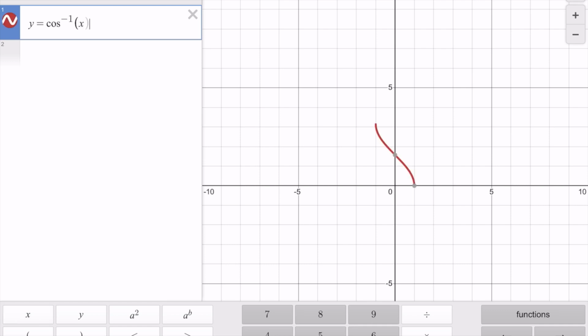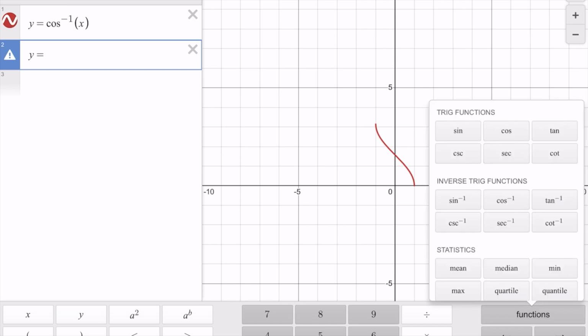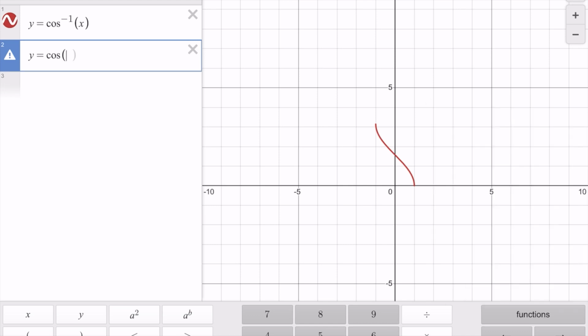If you've never seen inverse functions before, let's just put in the actual cosine function there as well. You'll notice that the inverse cosine function's got a restricted domain, because the definition of a function is a curve that only has one y value for any given x. So if you didn't restrict the domain and range on that function, you would end up crossing back over itself and having multiple y values for any given x.